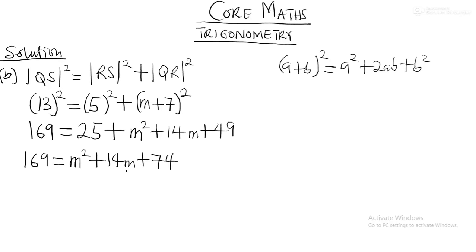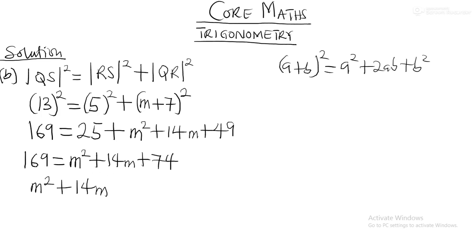Then when we do the subtraction, we equate it to 0. So we'll send the 169 to this side, so it will give us m squared plus 14m, and because the 169 is positive here, when it comes to this side it will become negative.